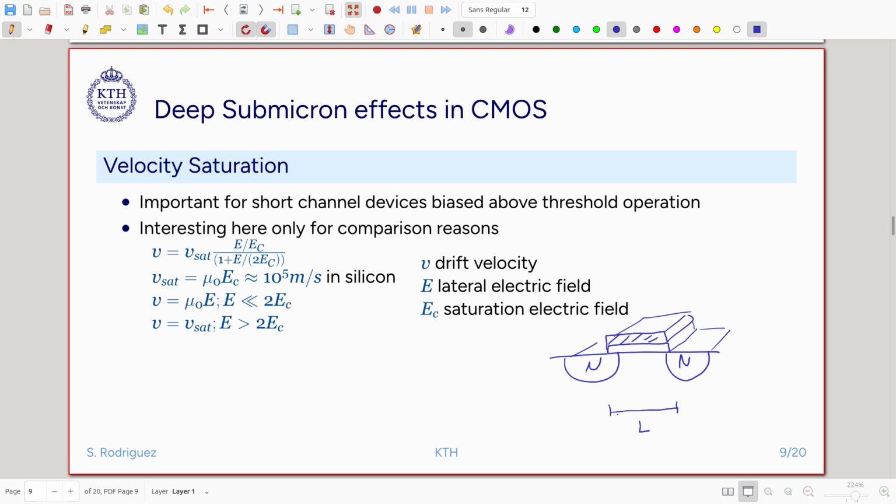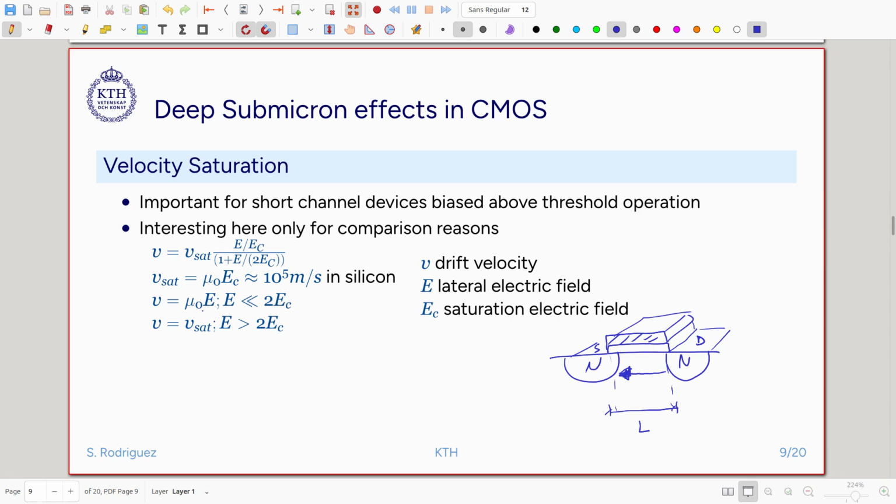This length is very small, and then there are very strong electrical fields between the drain and the source. So we might think that the charges can move extremely quickly, but that is true only up to a point.